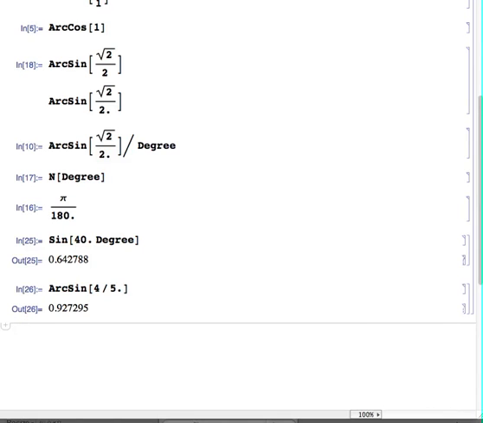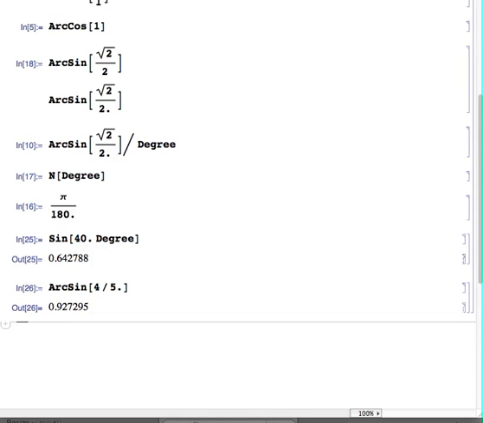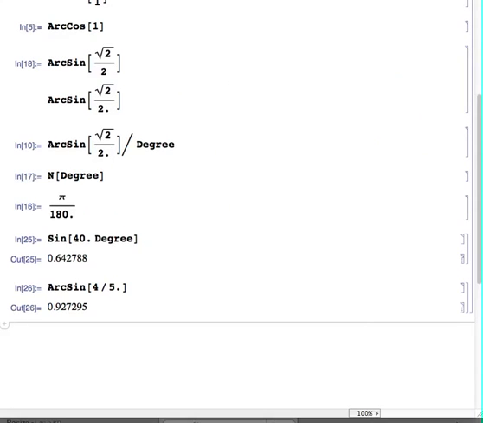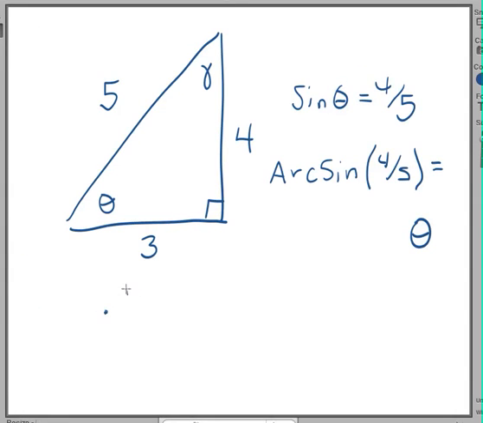So to convert that to degrees, if we want to convert radians to degrees, let's see, the number was 0.93. So 0.93 radians.